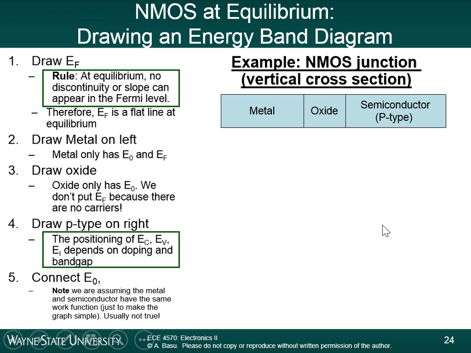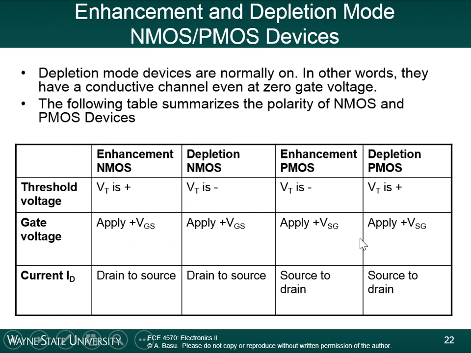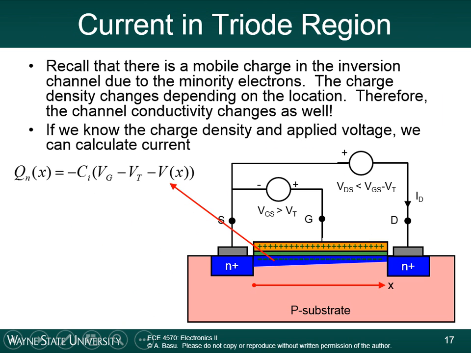So one key point here is that we are drawing the energy band diagram in the vertical cross-section, meaning we're going from the gate, from the metal to the gate oxide and into the substrate. In the PN junction, we were drawing the energy band diagram going from the P-type material to the N-type material.